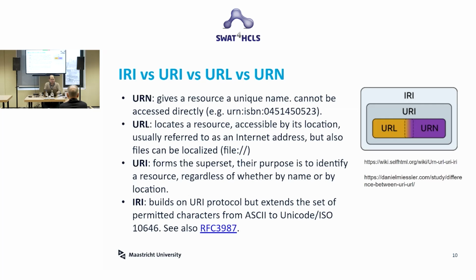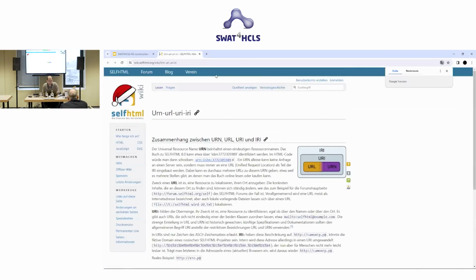Then the concept of IRI came, where the I stands for internationalized. URIs usually use the English language, the ASCII characters from A to Z and some symbols to express those, as you see here in this example. So no, I don't want to go into it.